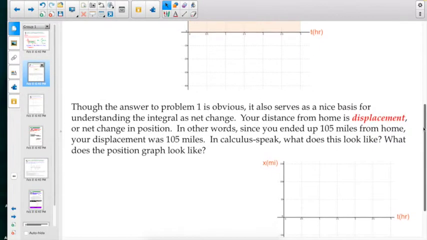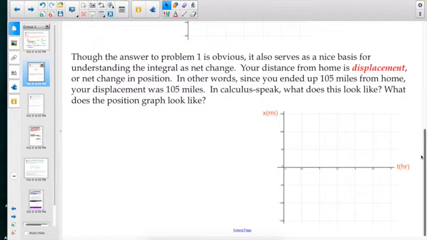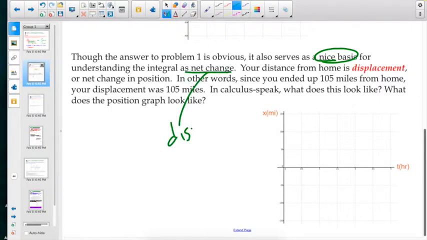Then come up with what the position graph looks like. Okay, you know, the answer to problem 1 is obvious, but it does serve as a nice basis here for understanding the integral as that net change, as that displacement.